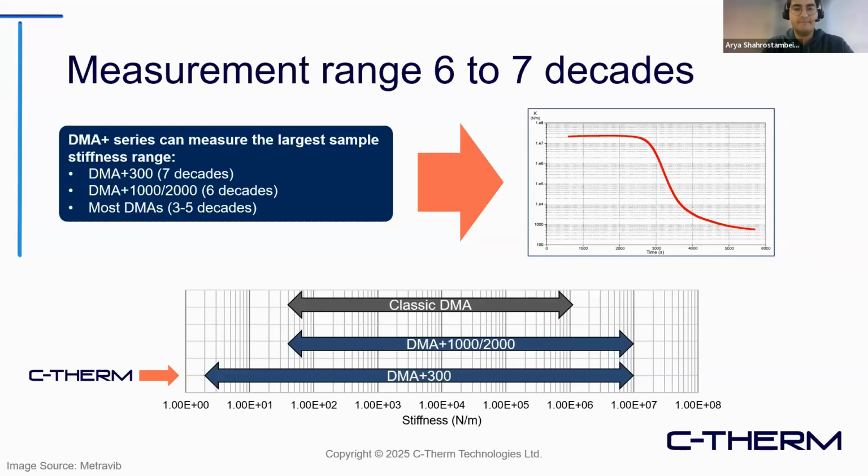The Plus series DMA, Plus 1,000 and Plus 2,000, goes beyond that range to 10 to the power of 7 for stiffness. However, the DMA Plus series even takes one step further, and it goes to a very low range for stiffness. So it's very suitable for low stiffness material.